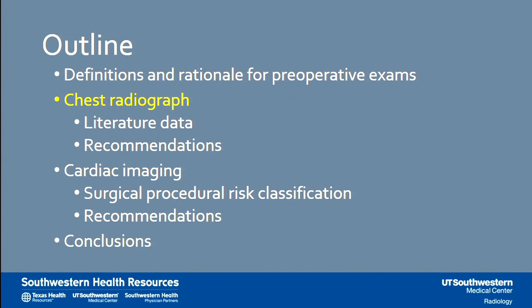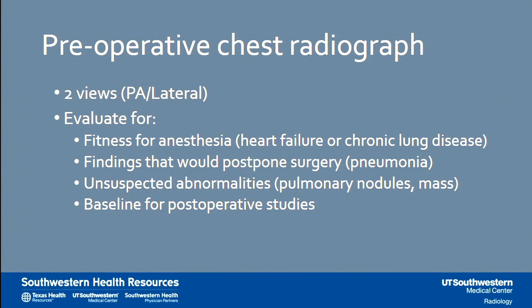So as you can see, that's a large amount of money we're spending, and it's a high cost to society. So moving on to the chest x-ray, I don't have any exciting images like Dr. Fetzer. I think we all know what a two-view chest x-ray looks like. It's a frontal and lateral view. And I've already gone through some of the reasons why you would do it. Things that you might find, if someone has bad lung disease, might change the anesthesiologist's proposed way of doing the anesthesia.